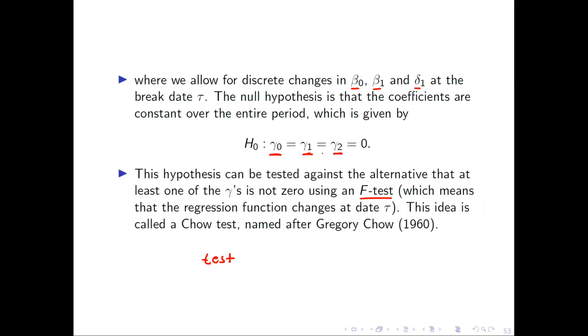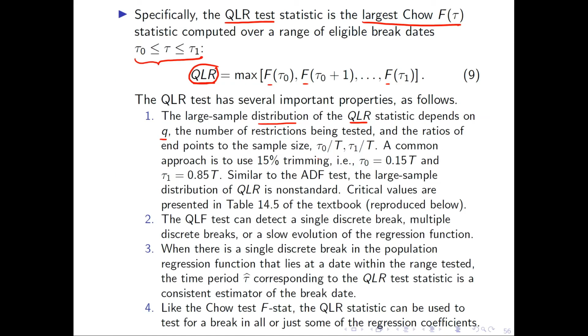So here we have three restrictions, and the QLR statistic depends on this number of restrictions to find the critical value which we want to compare our QLR statistic to.